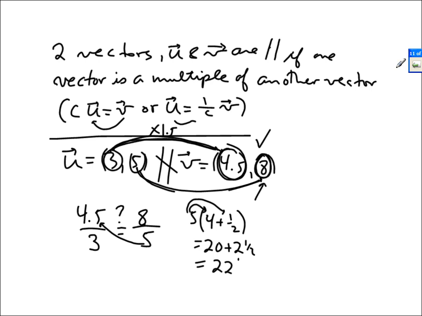And the key thing is you're going to get a half. 3 times 8 doesn't give you a fraction. It's 24. Okay, 22.5 does not equal 24. So it's not equal. Hence, U and V are not parallel. Just divide them and see.